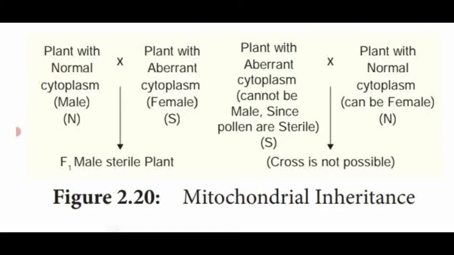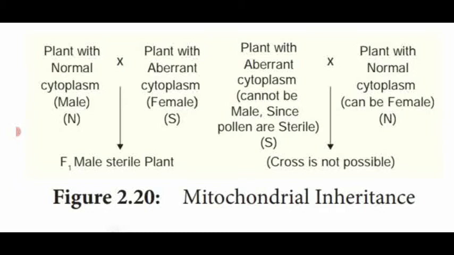In the second reciprocal cross, the plant with aberrant cytoplasm cannot be male, since pollen are sterile, I told you. They do not take part in the reproduction, but it is not a male plant, it is a female.